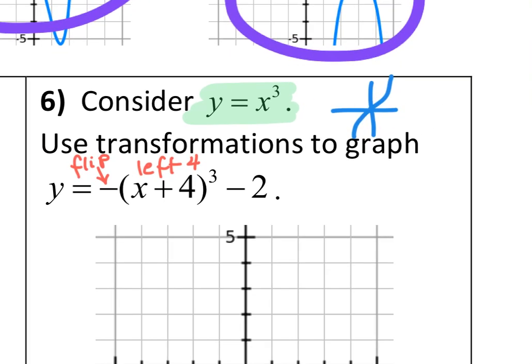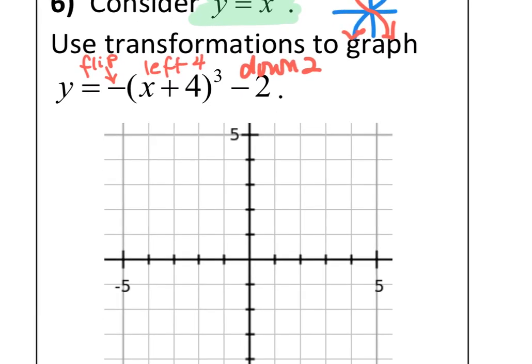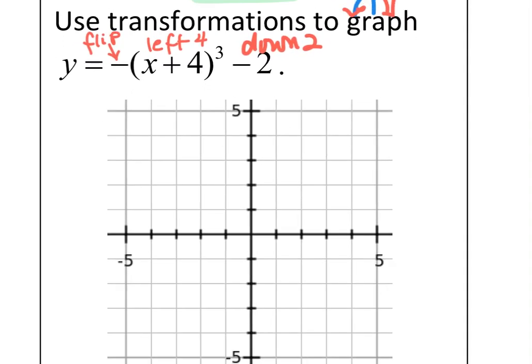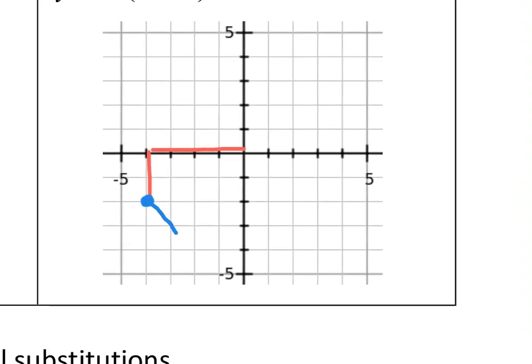So instead of up on the right and down on the left, it'll be down on the right and up on the left. Then left 4 and down 2. And so this graph, shifting it left 4 and down 2, means that the center of the graph is going to be here. And then you want that flip, so it's going to go down on the right and up on the left.